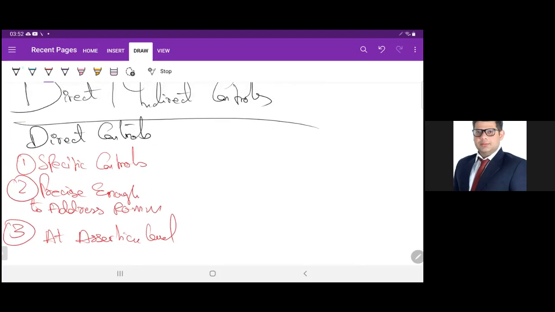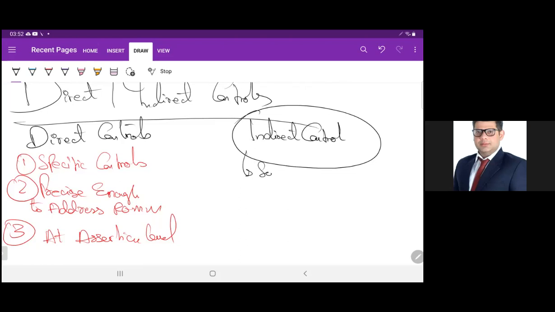Okay, now indirect control, such as IT controls, general IT controls, which are not sufficiently precise to prevent, detect, or correct material misstatement at the assertion level. However, indirect controls may support direct controls, therefore, they have an indirect effect on the likelihood that misstatement can be detected or prevented.